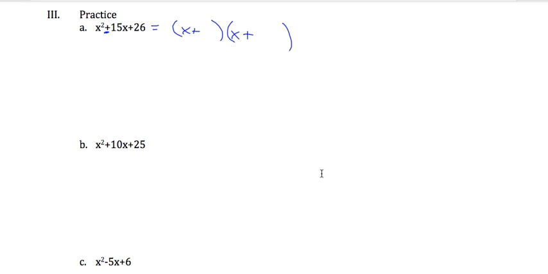Now I just need to find the two numbers. So I'm going to look for numbers that multiply to 26 and add to 15. Okay? Thinking of numbers that multiply to 26, that would be 26 and 1, or 13 and 2. 13 and 2 also add to 15, so I'm going to use 13 and 2.